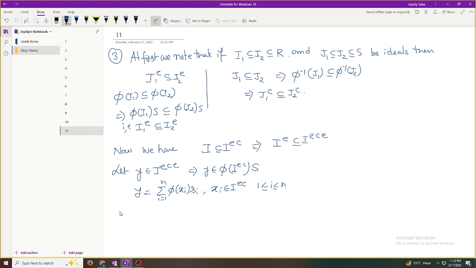That means, this is equal to phi inverse of I extension.